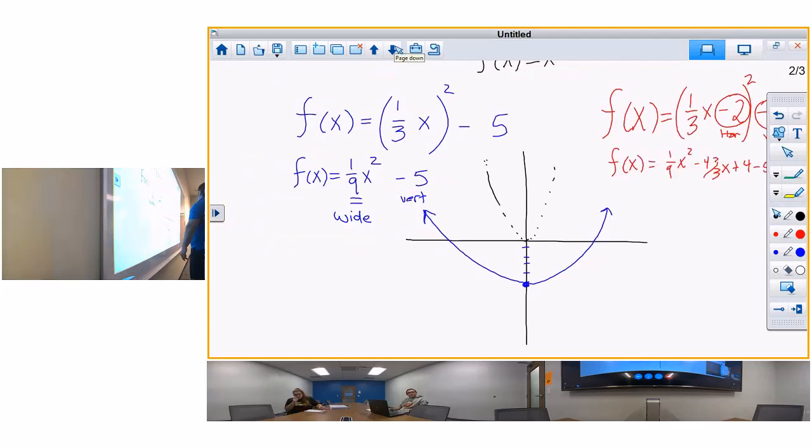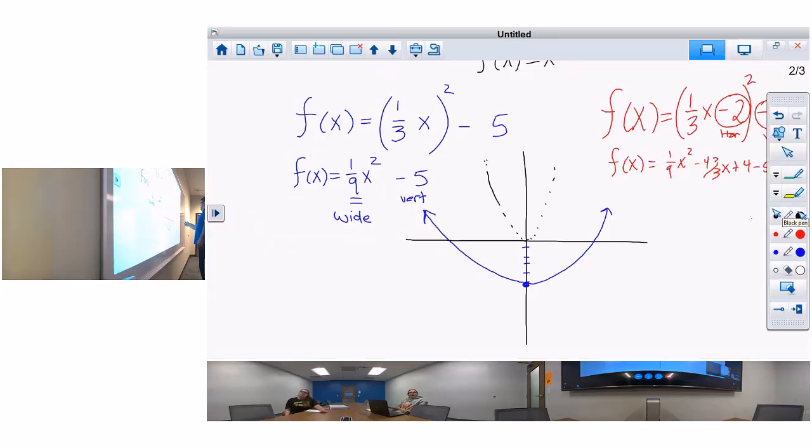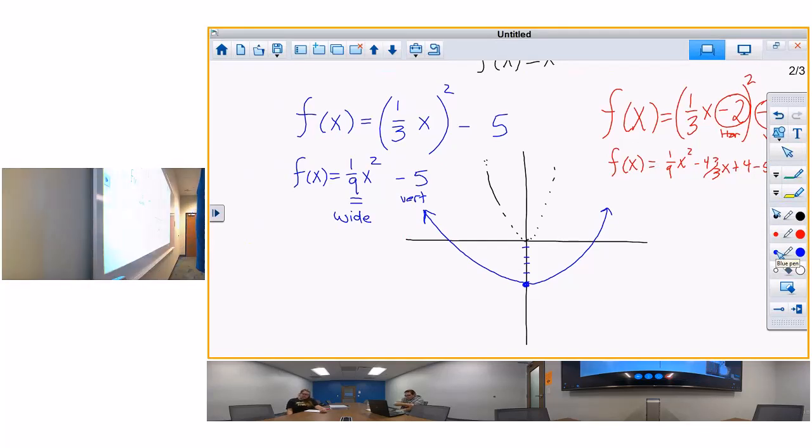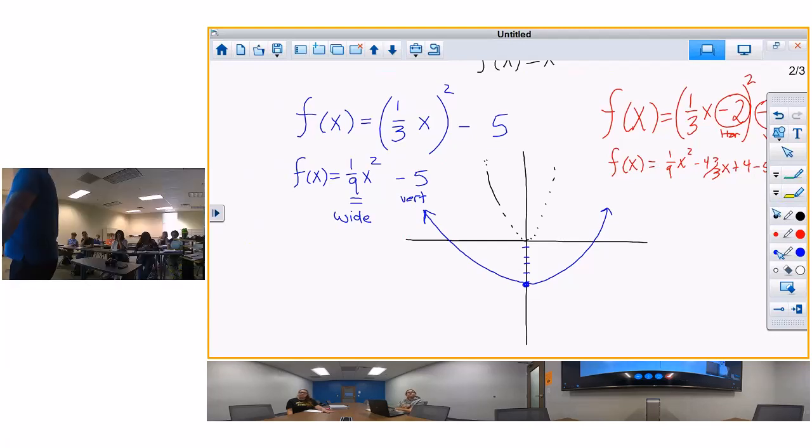The next one, this is where I disagree with the homework. Is there a difference between the parent graph, which is the black graph, and this one? Yes. Tell me what's happening. Down.